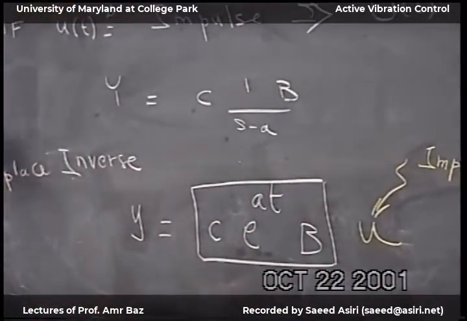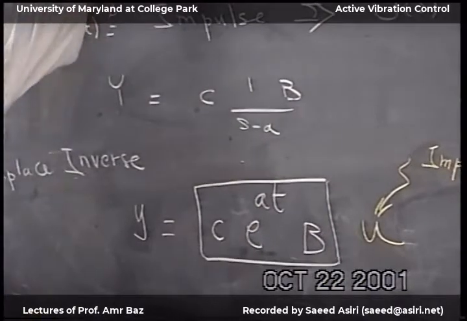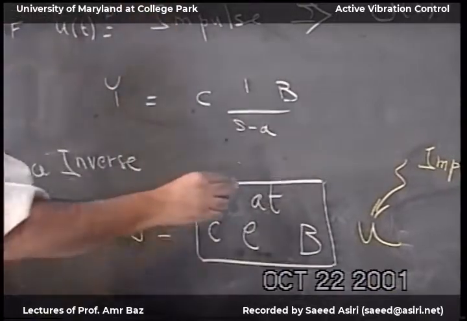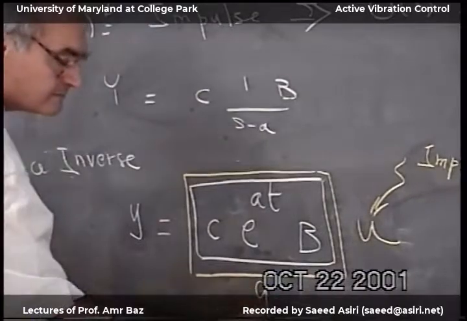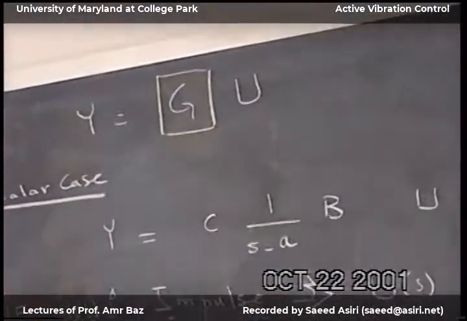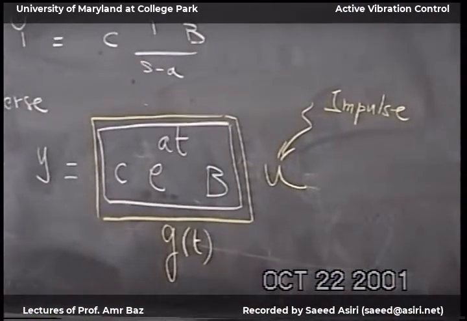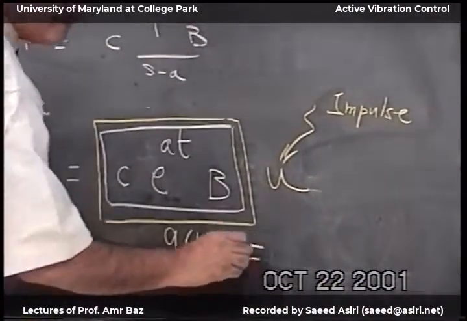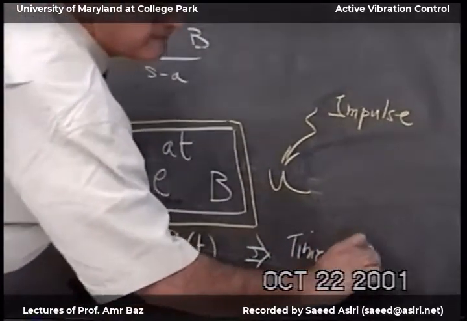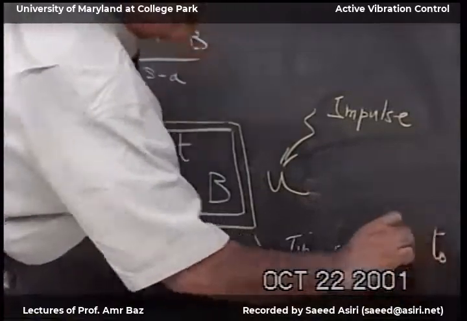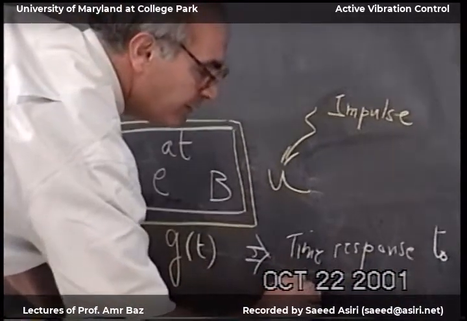And if we make correspondence between these two, then this is in the Laplace domain, and this box is in the time domain. So, in other words, this g of t is nothing but the time response to a unit pulse, or a unit impulse.